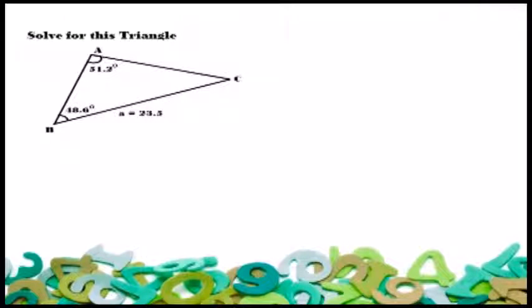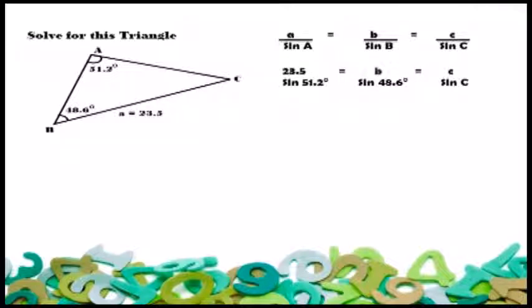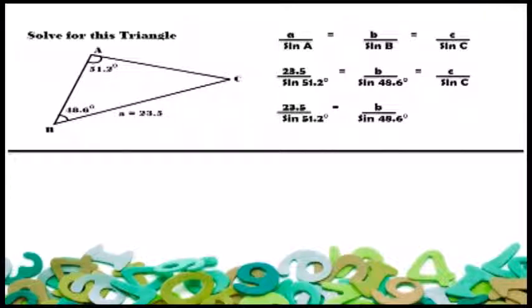Let's have this example. Solve for this triangle. By using the law of sine, simply substitute the given. Since we don't have any given at c over sine C, we will be using a over sine A is equal to b over sine B. By this step, we will simply cross multiply.